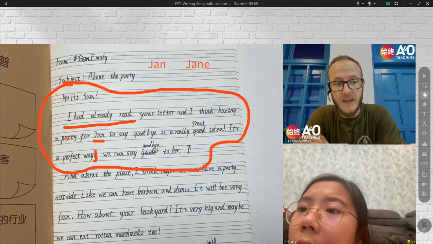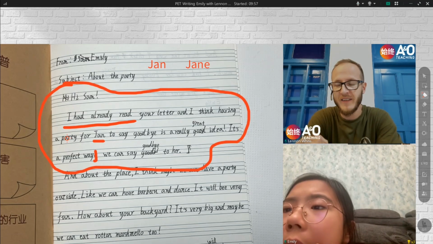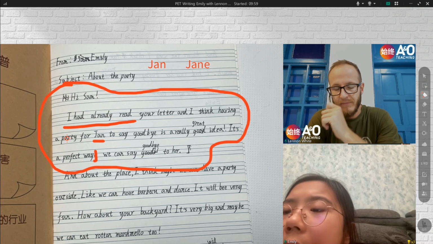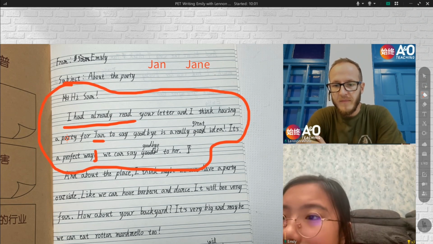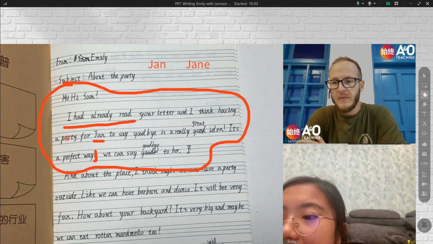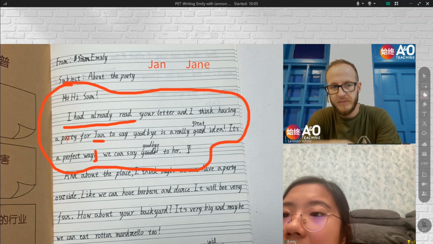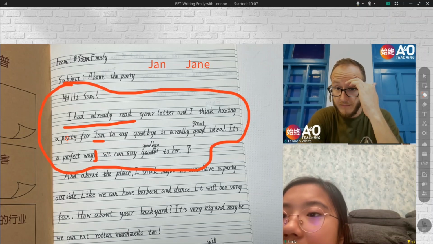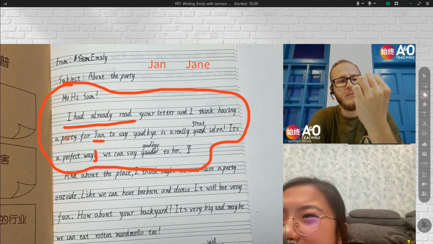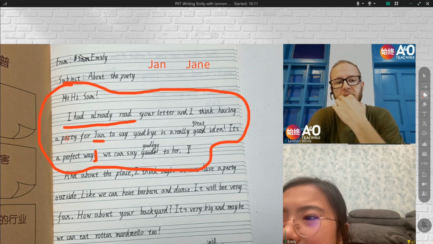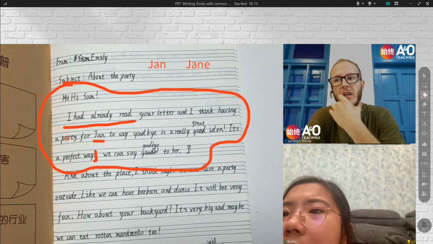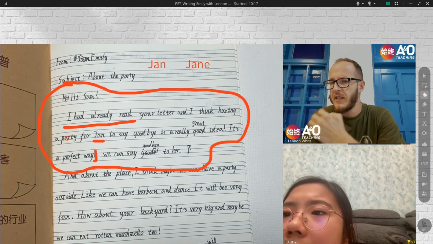Yes, it's past, but this is past perfect. When do we use past perfect? When we already did something in the past. In the past, but we can use past simple.